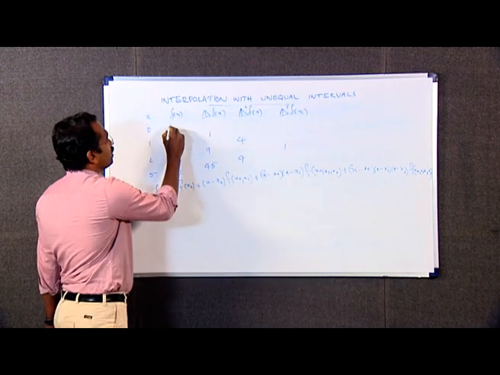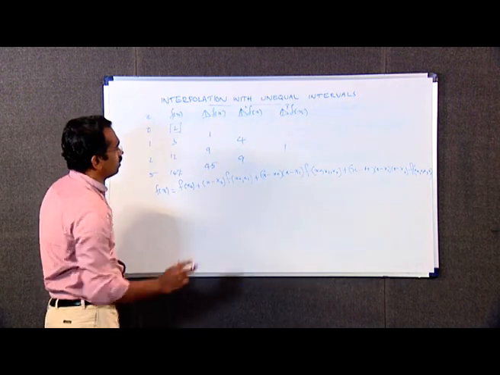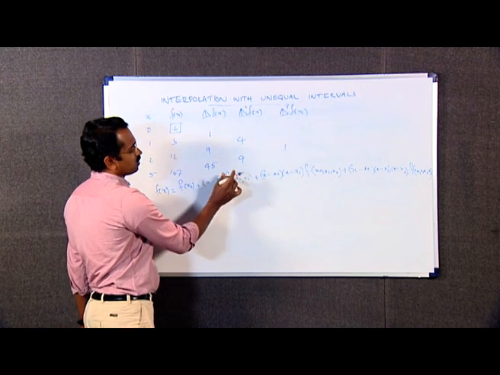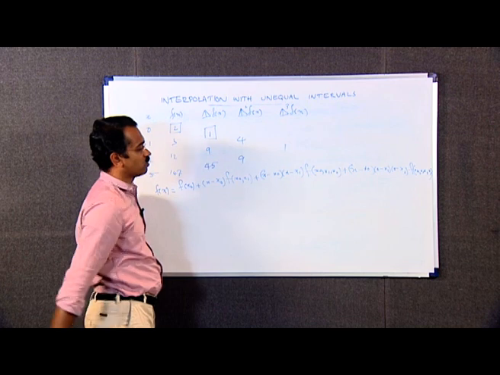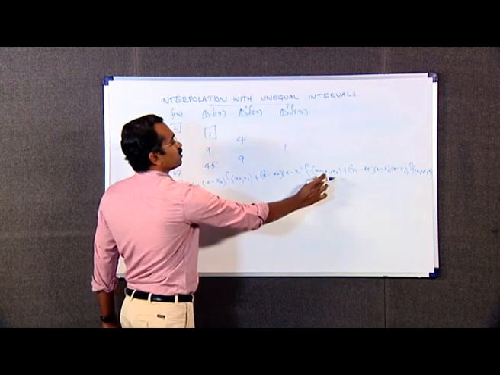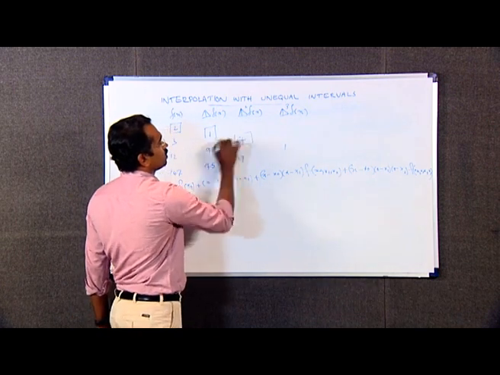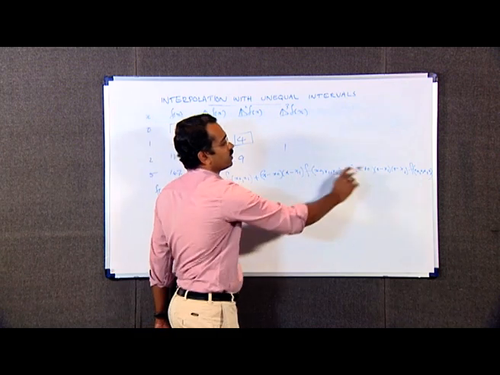Here f of x naught is this. f of x naught x1 means the first divided difference between the arguments x naught and x1. f of x naught x1 x2 is this, and f of x naught x1 x2 x3 is this.